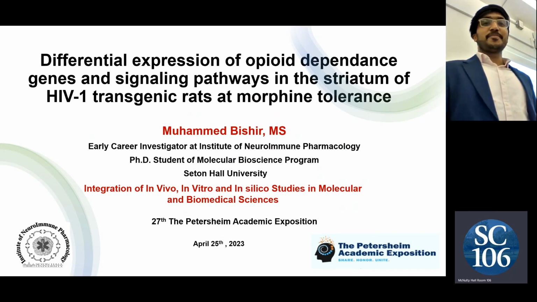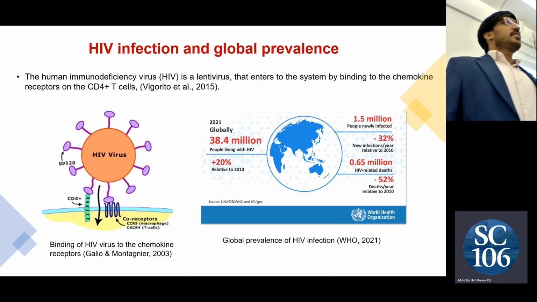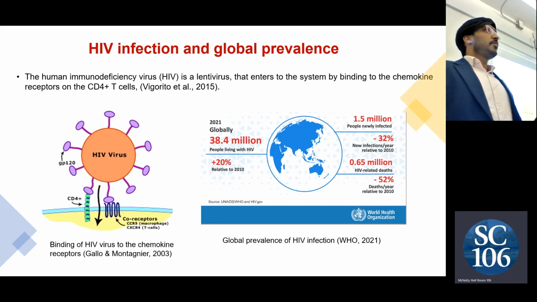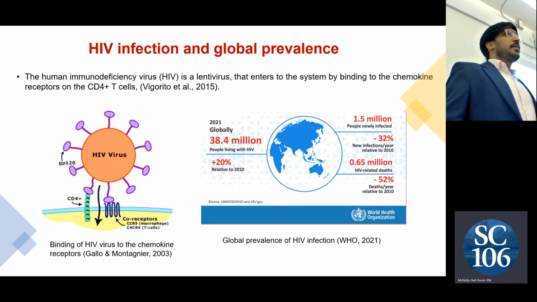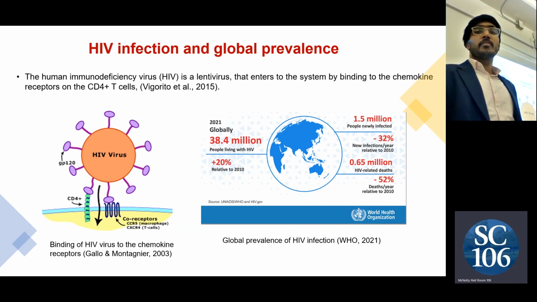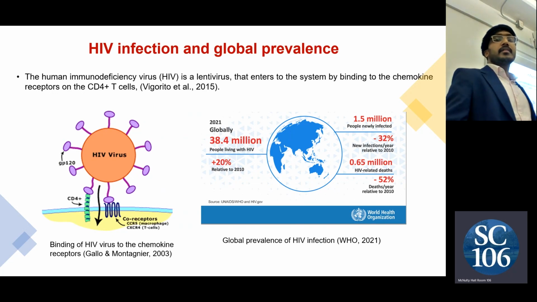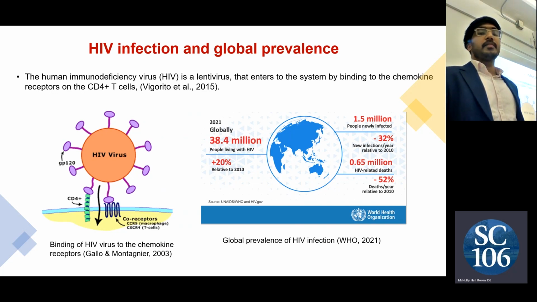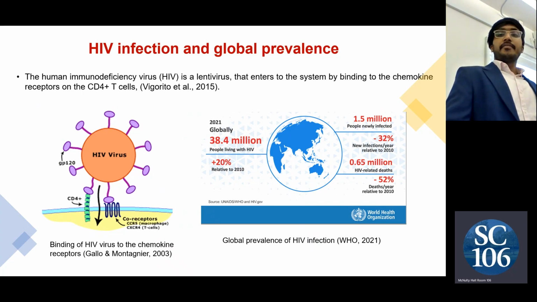Good afternoon, all. The HIV virus is a lentivirus which infects the host by binding to the chemokine receptors on the CD4 cell. Globally, there were 38.4 million people living with HIV in 2021, and every year there are 1.5 million new cases.